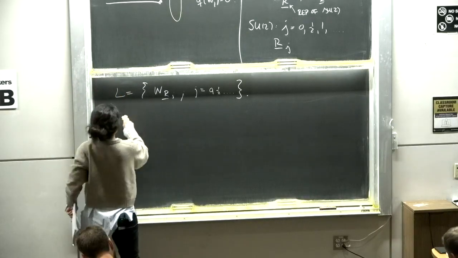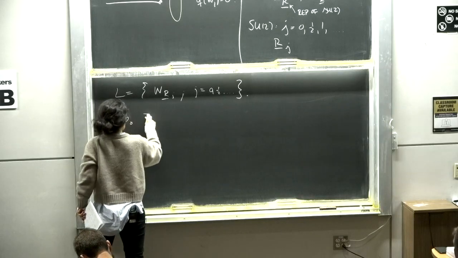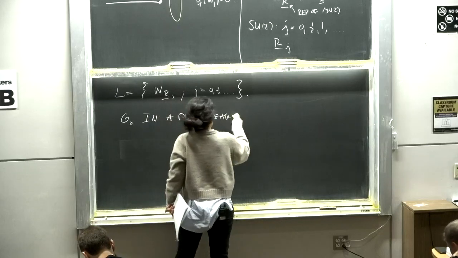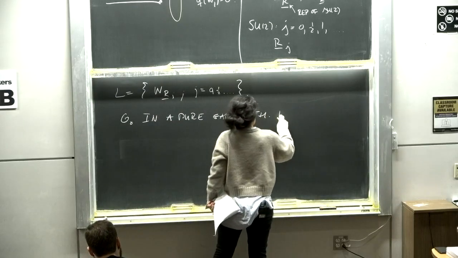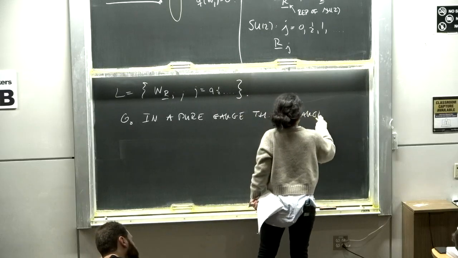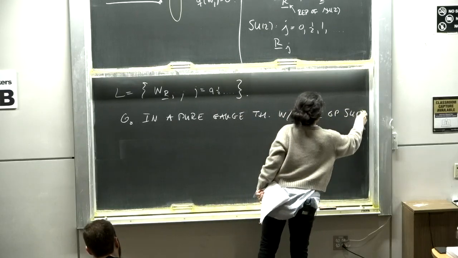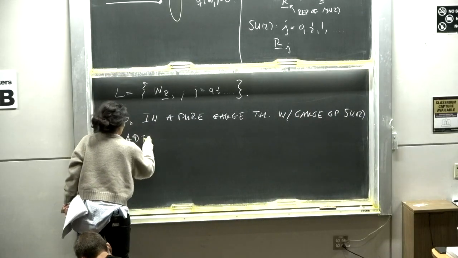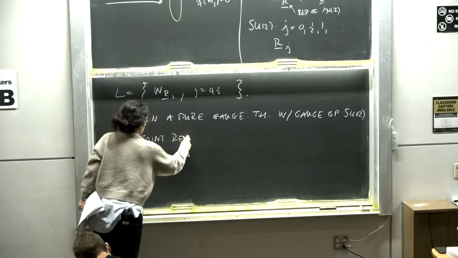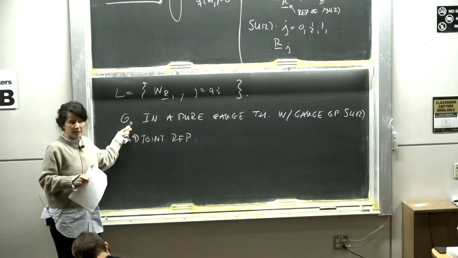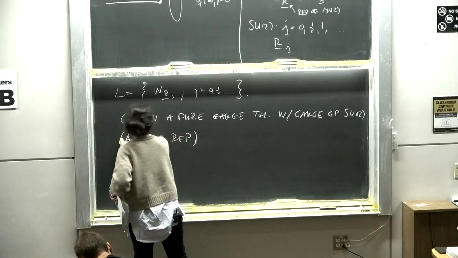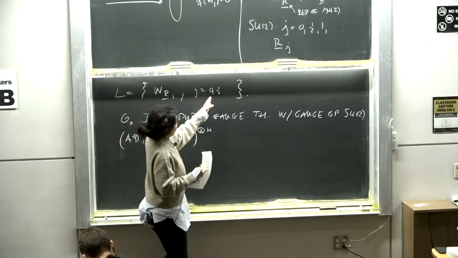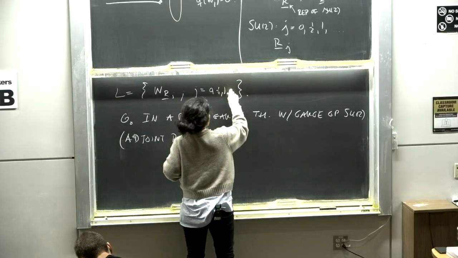The local operators in a pure gauge theory with gauge group SU2 are basically in the adjoint representation. Right, they're like F and tensor products, to some n. So they'll be integral spin, so I've got 1 and so on and so forth.